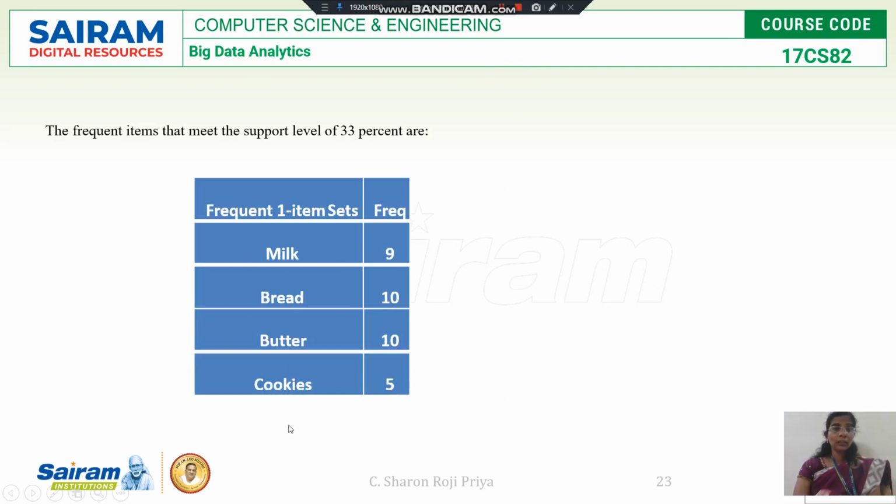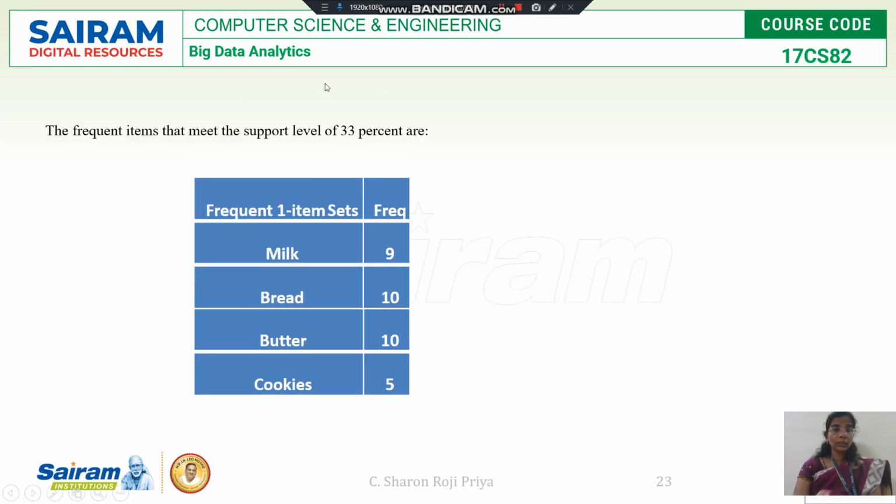Now using these 4 items, I am going to write a table of 2 item sets: how frequently 2 item sets are sold together.